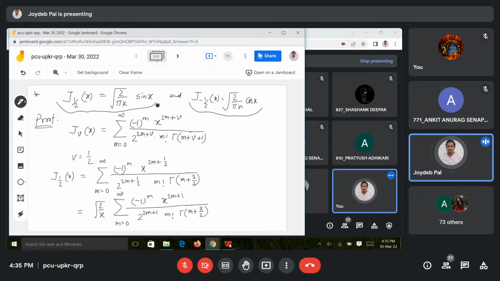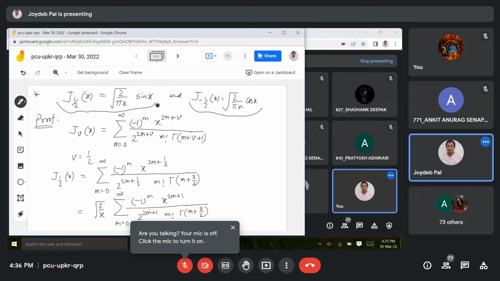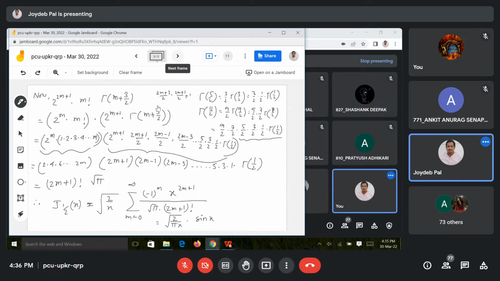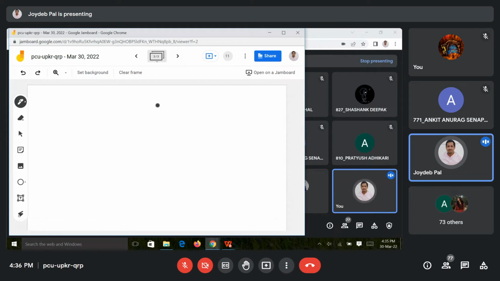Now, how to apply it? Tell me which property. Look, first property. What is the first property?